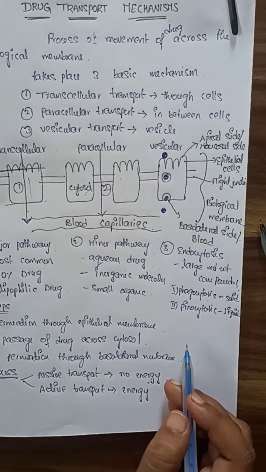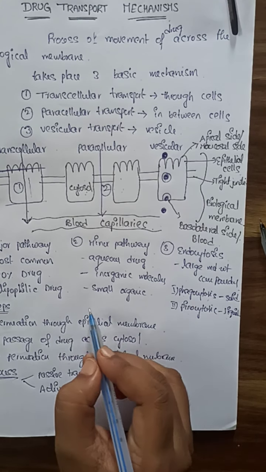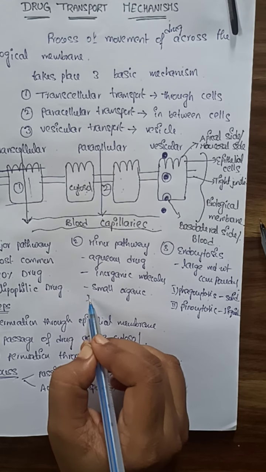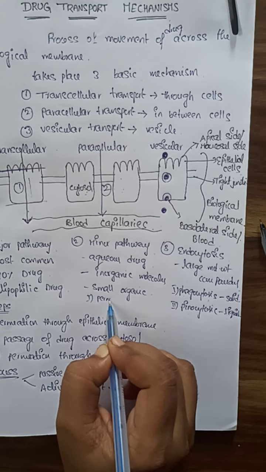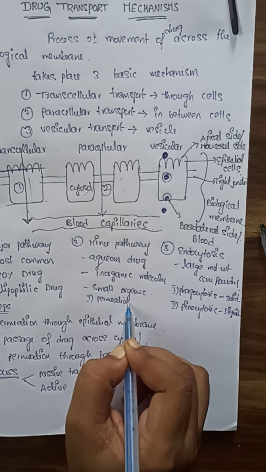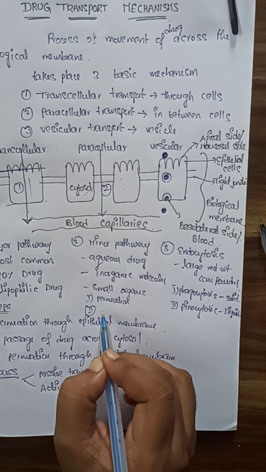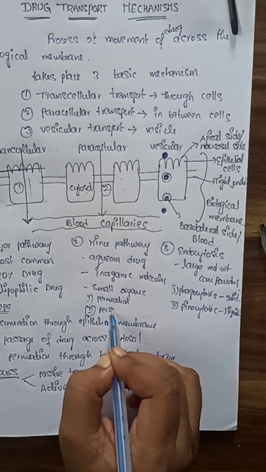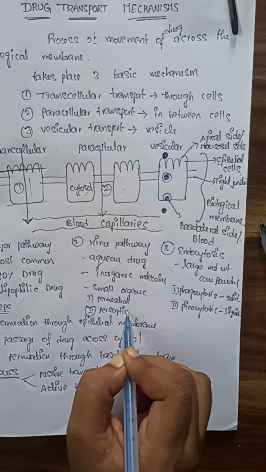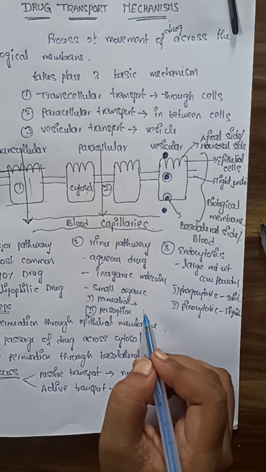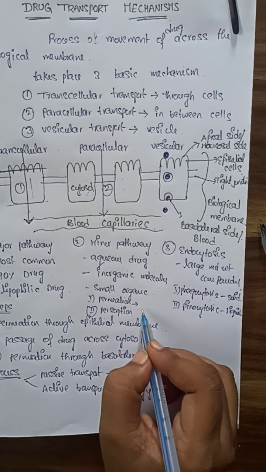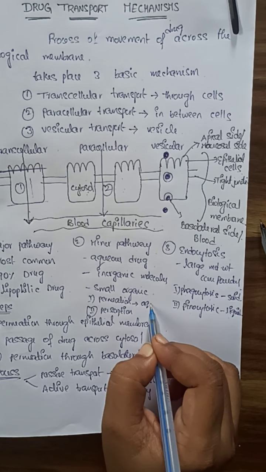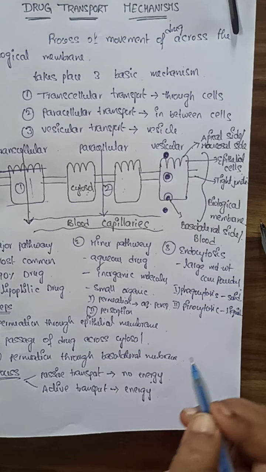And similarly, the paracellular transport is also divided into two types. One is permeation, second one is persorption. Permeation means permeation of the drug through the aqueous pores which are present in the cell membrane.